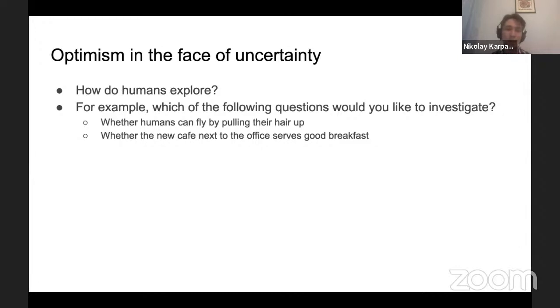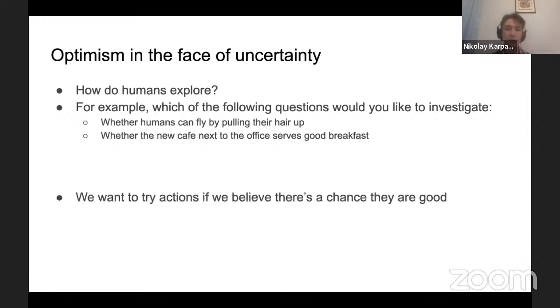But why do we make such a decision? How can we formalize this decision-making process? One logical idea is that generally we want to try actions if we believe there is a chance that the actions are good.